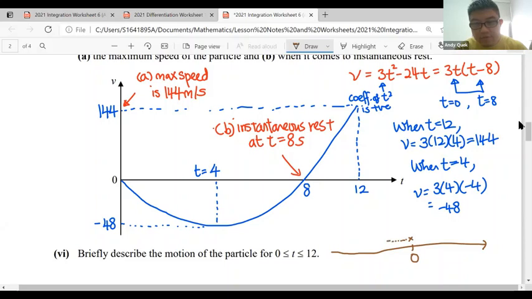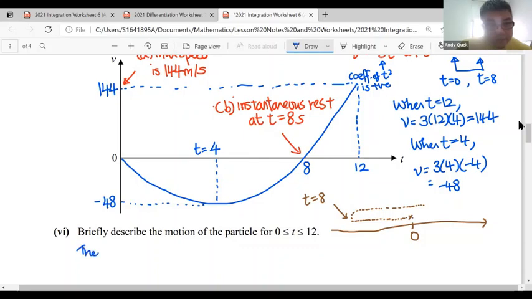How long did it move for? Backwards for 8 seconds. So at t equals to 8, it comes to rest. And then what does it do? It turns around and continues moving at positive velocity.